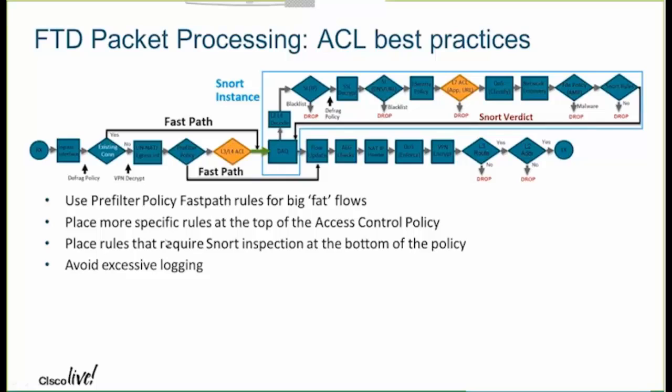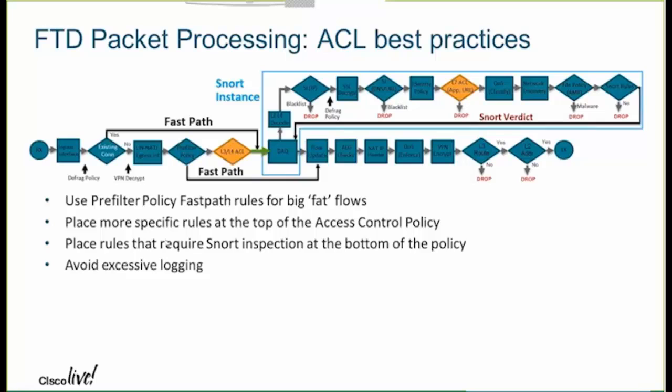And the next suggestion is that more specific rules have to be placed at the top of the access control policy. As long as you're trusting the traffic or blocking the traffic, place them as initial rules. If you are performing any sort of inspection on the traffic, for example IPS or file policy or QoS, these all have to come at the bottom of the list, because the way the Snort engine evaluates these rules is a top-down approach.